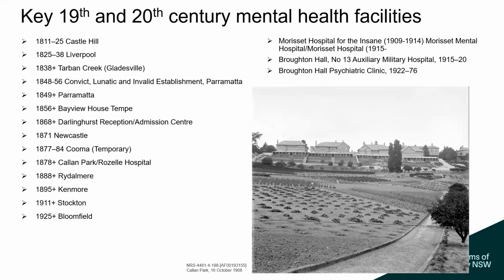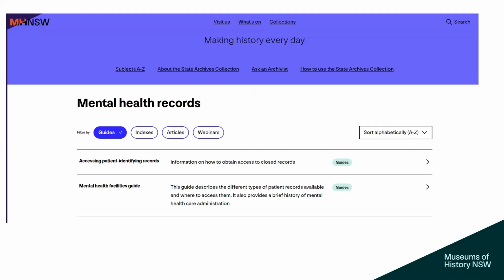And with the exception of those two very early asylums, we do hold records that were created by these individual mental health facilities. Again, I would suggest, as always, look at the guides to see what records we hold and how you search those records. And then most importantly, there is the guide for accessing the patient identifying records, which will give you all the information to obtain access to look at the records.